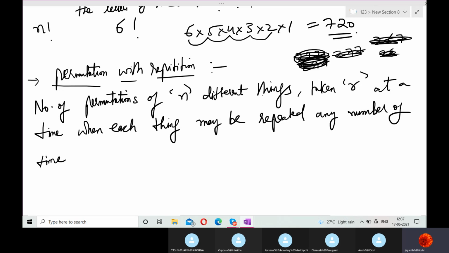So number of permutations of n different things. You should not go for all the mechanics. Directly apply the formula which I'm giving. That's simple.